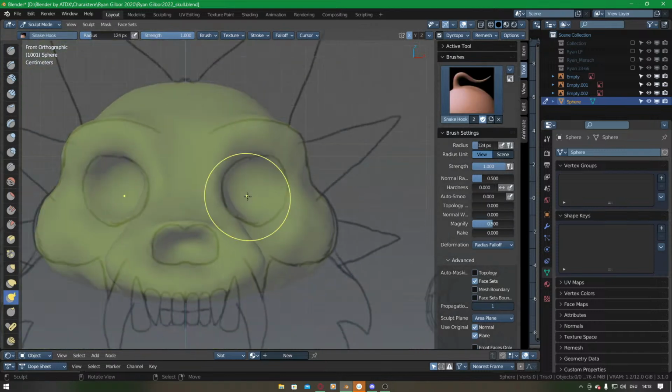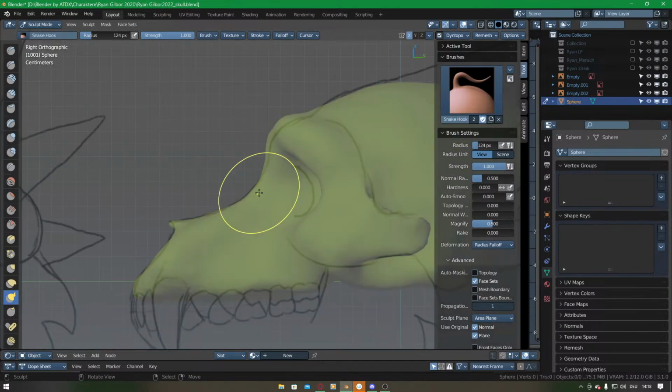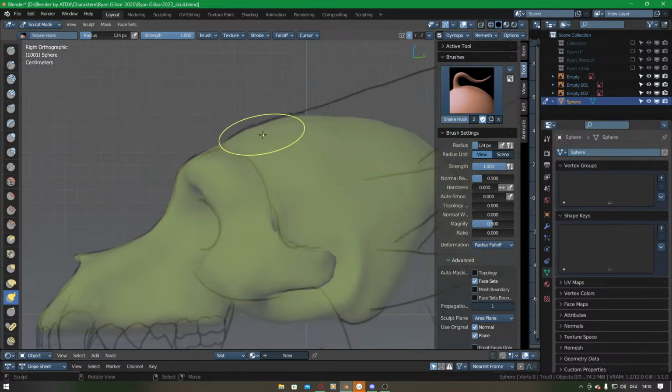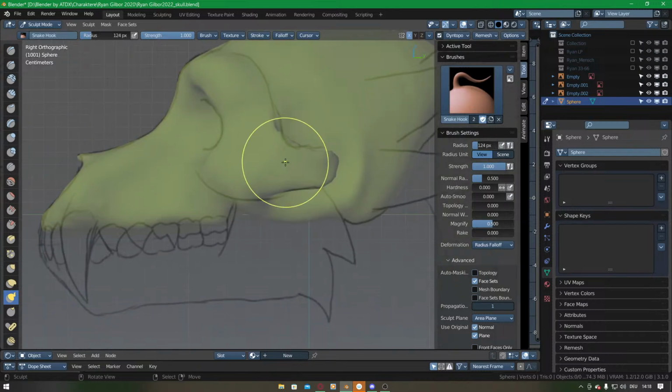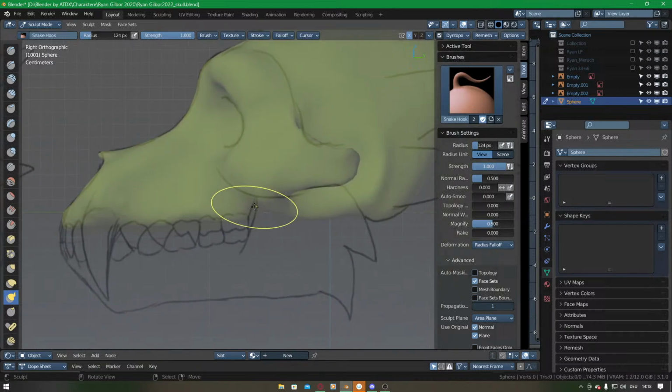Correct? No. A little bit more like that. And a little bit more in front. This a little bit more down. Hold on.